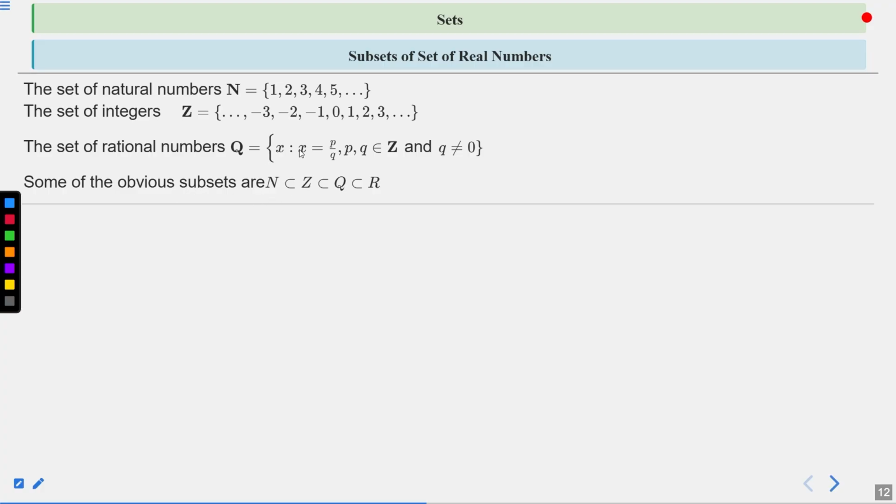Irrationals are also a subset of real numbers. And here they also have inter-subset properties like N is contained in the set of integers, the integer set is contained in the set of rationals, and the set of rationals is contained in the set of reals. Simple. Clear?